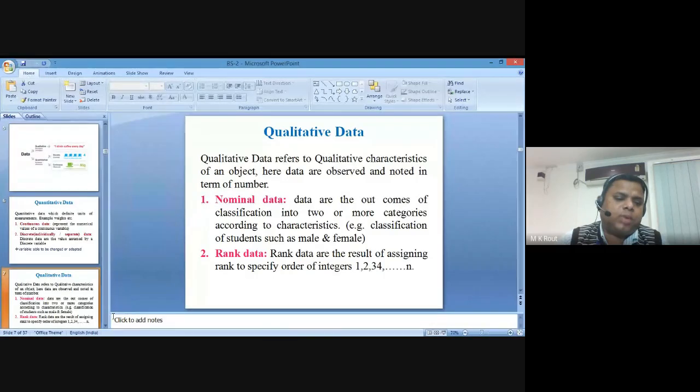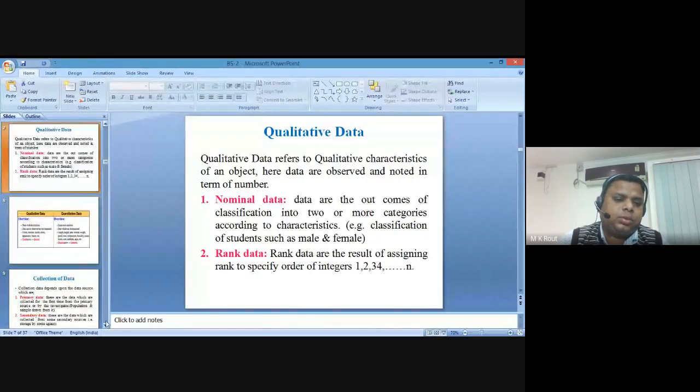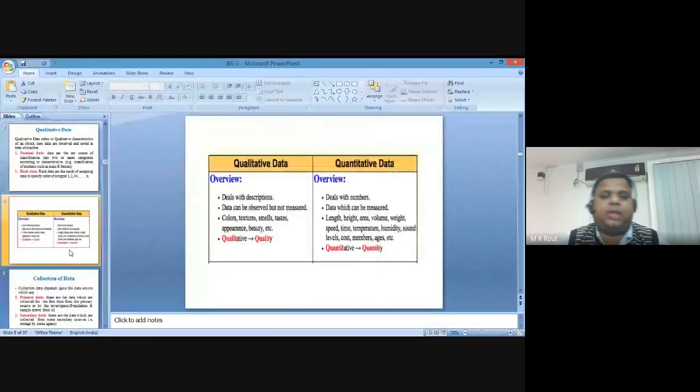Then moving to the next one. If you go to the next part, that is the basic difference between qualitative data and quantitative data. Here you can find your answer. Qualitative data deals with descriptions, but quantitative data deals with numbers. Qualitative data can be observed but not measured, but quantitative data can be measured.